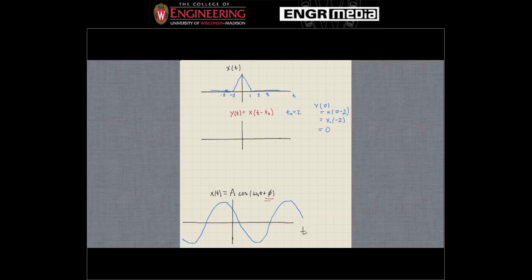So then we say, all right, what happens now at y of, let's say, plus 2? Well, the value of y at plus 2 is just going to be equal to x of 2 minus 2, and that, of course, is just equal to x of 0.